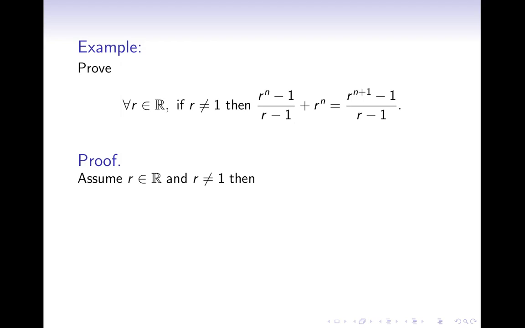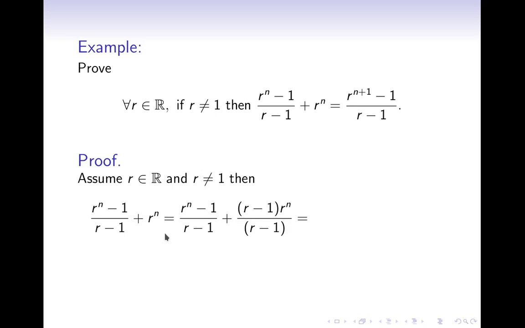I'm going to start with the left-hand side and do algebra and try to obtain the right-hand side. And the algebra that I'm going to do is just what you might do in an elementary algebra course. So we're going to add these two numbers by first writing r to the n as a fraction with r minus 1 as its denominator, so that we can do the addition of fractions.